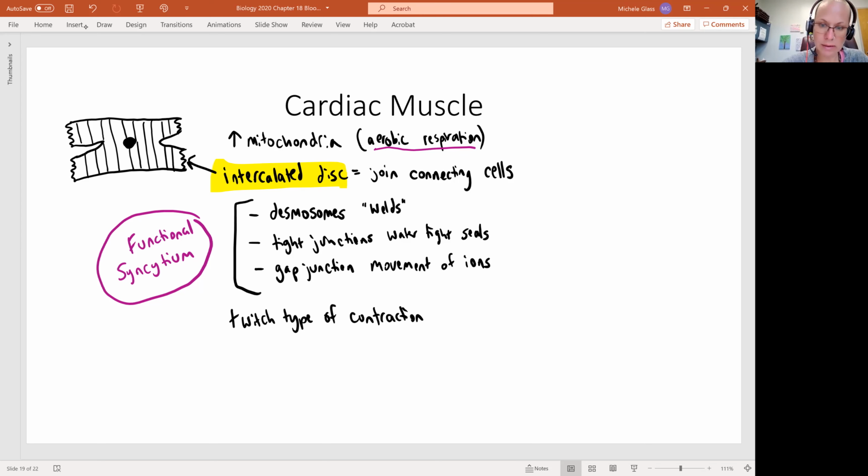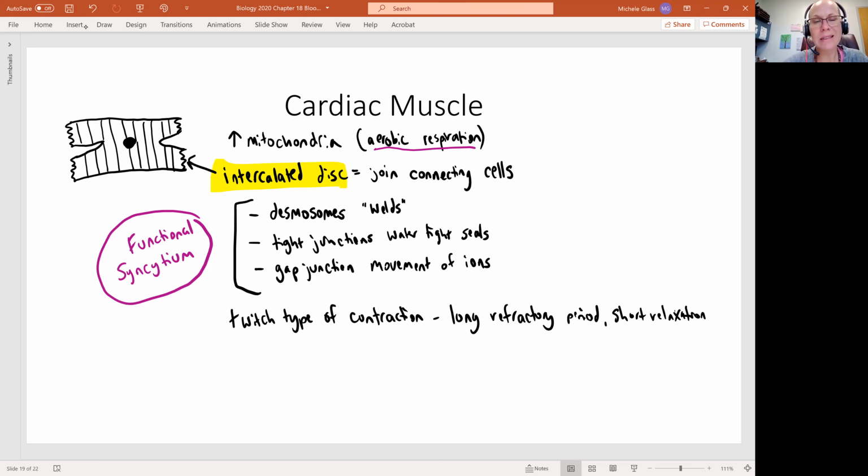And we describe it as having a long refractory period. And then we'll also say it has a short relaxation period.